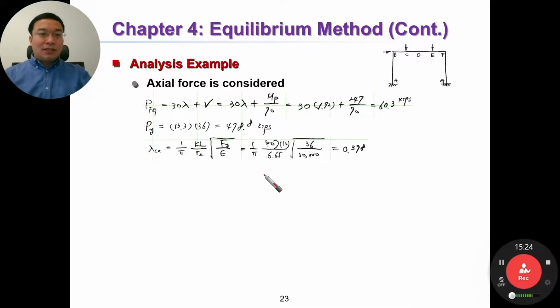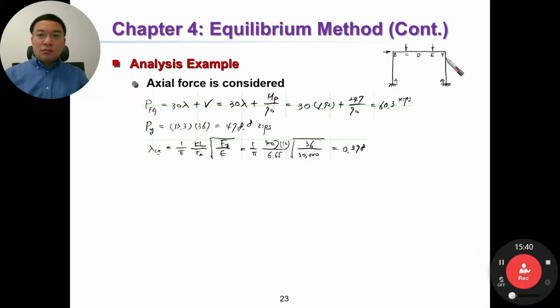And calculate lambda c of x equal to this equation.